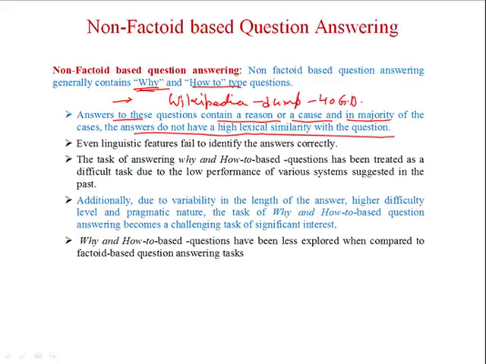So just depending upon matching or lexical similarity may not give the appropriate answer. Even linguistic features fail to identify the answers correctly.